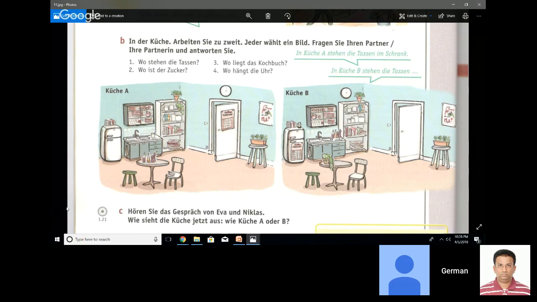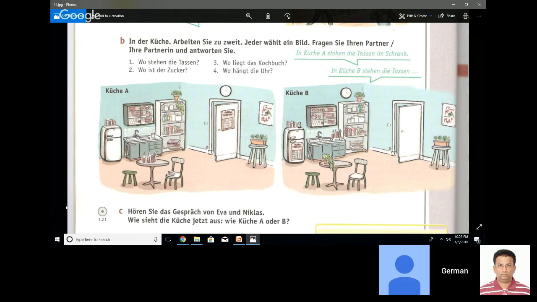Der Zucker is in the Tassen. Die Tassen is plural. It is die Tasse, and die Tassen is plural, Arvind.